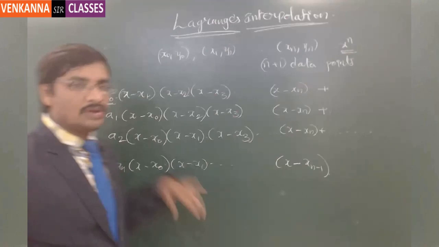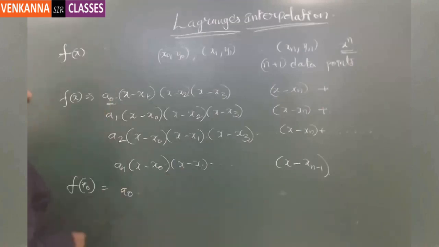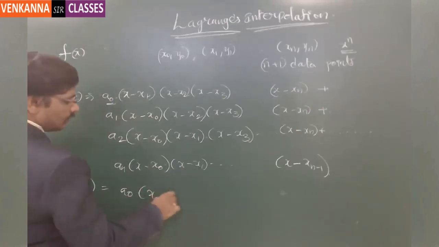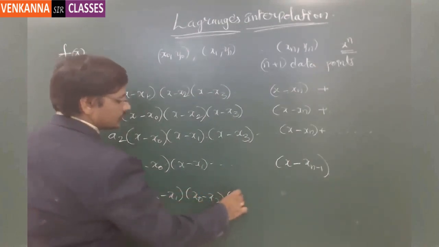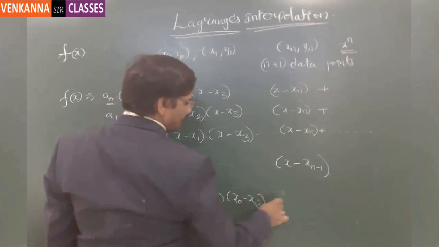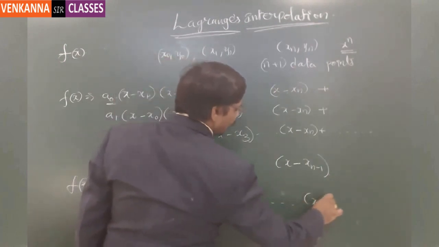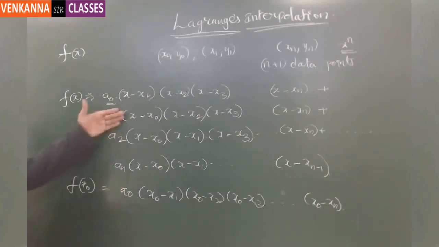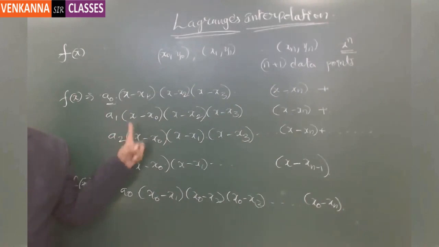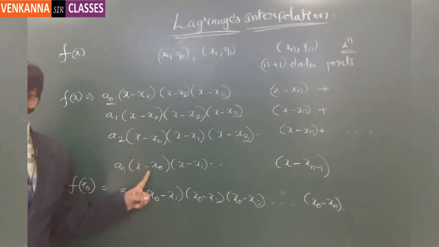Let us take f of x0 out of these points. You can put x equals x0 here, which gives a0 multiplied by x0 minus x1, x0 minus x2, x0 minus x3, up to x0 minus xn. Here a0 is left over, and for the rest, if you put x equals x0, those terms become 0.